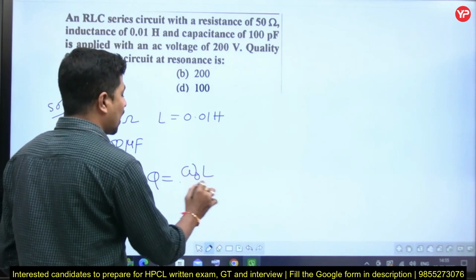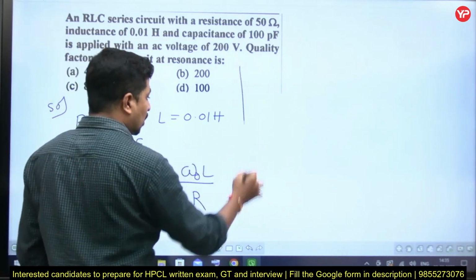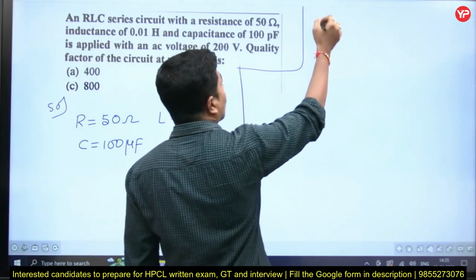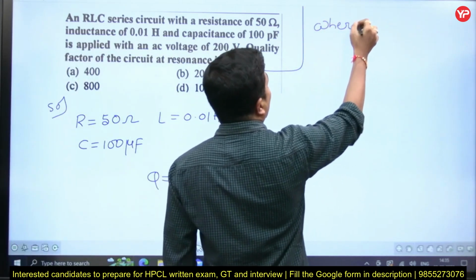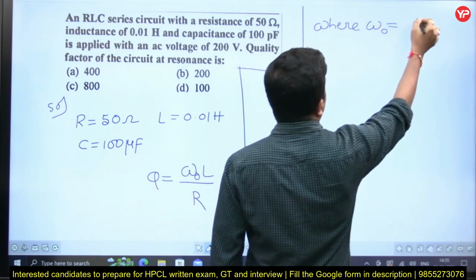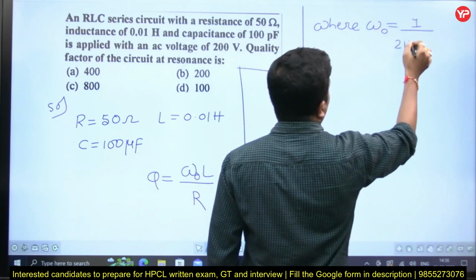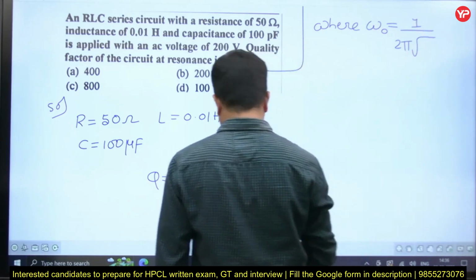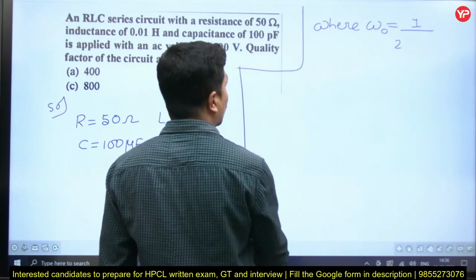Q is equal to omega naught L by R, the general formula. I am asking you to remember, where omega naught is the resonant frequency, equal to 1 by root LC, not 2 pi; F is 1 by 2 pi root LC.